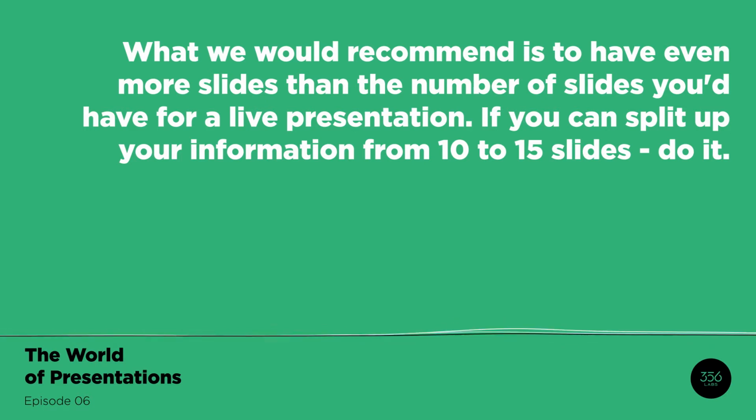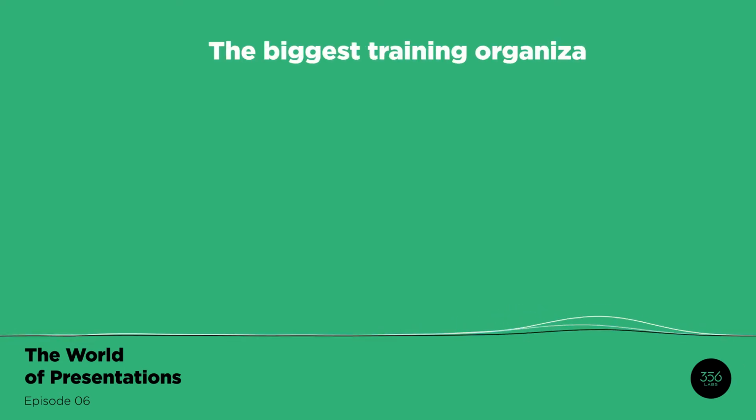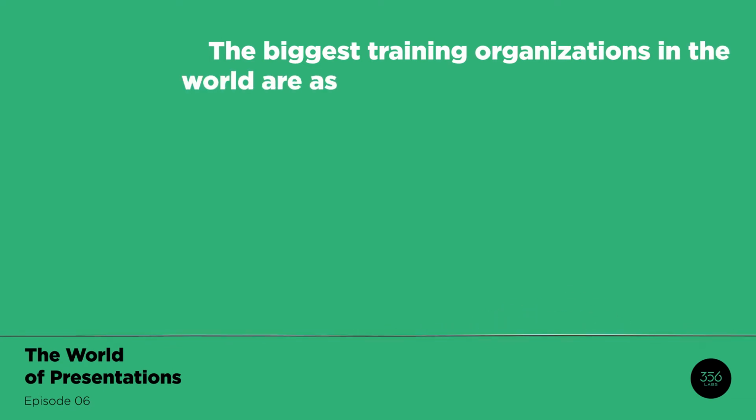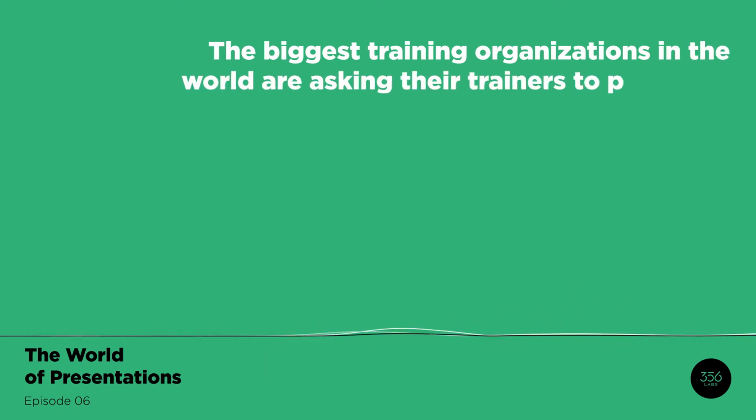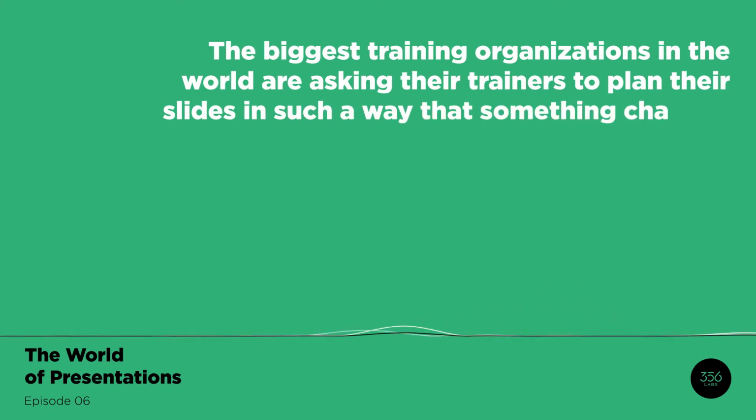And now I hope you understand why companies like those, some of the biggest training organizations in the world, are asking their trainers to plan their slides in such a way that something changes on those slides each and every minute.